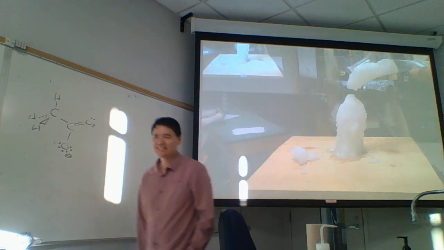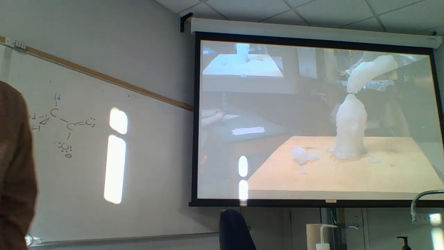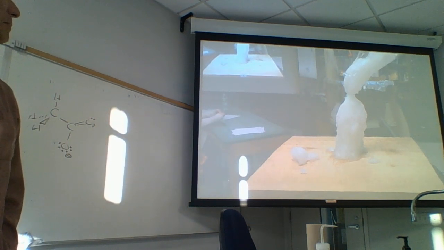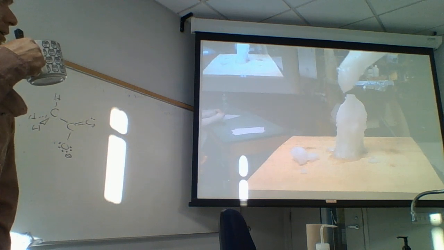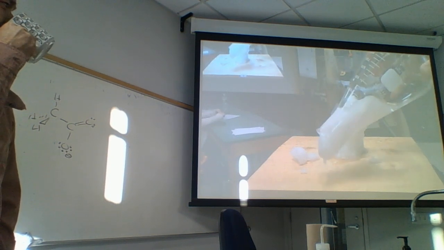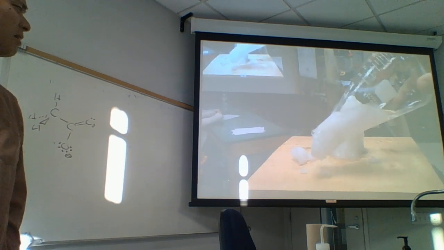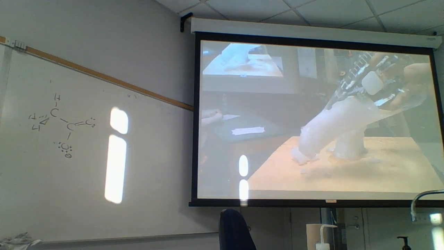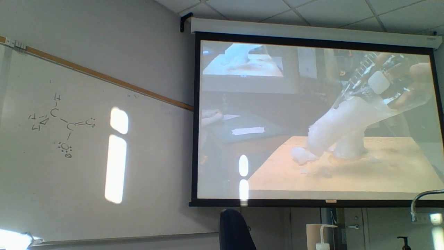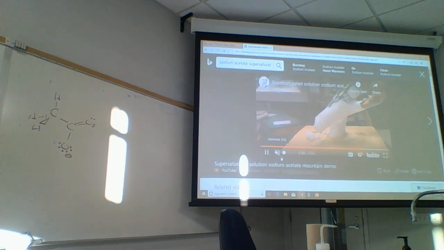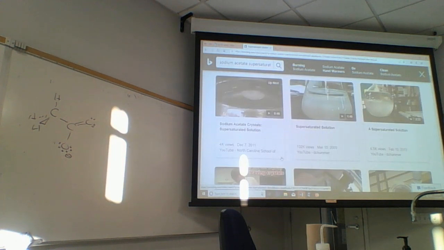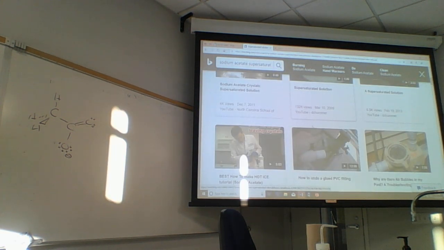What's that called again? Flask. It's a flask. Starts with an E. Erlenmeyer flask. Right. So that's sodium acetate. It's like wax. Yeah, it is a kind of waxy crystal.